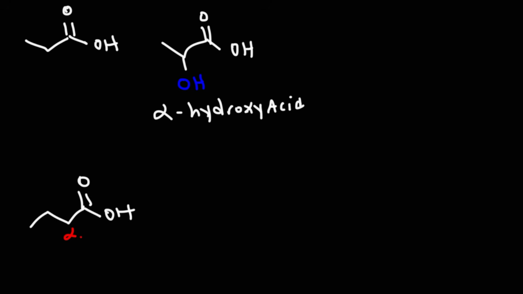The first carbon is the alpha carbon, the second carbon is the beta carbon, the third one away from the carboxylic acid, that's the gamma carbon. So the hydroxyl group is on the alpha carbon, so it's an alpha hydroxy acid. Perhaps you've heard of it as AHA. This is used in lotions, particularly for the purpose of exfoliation.